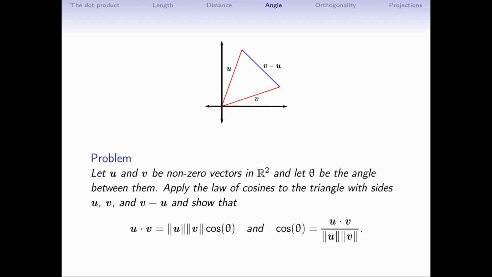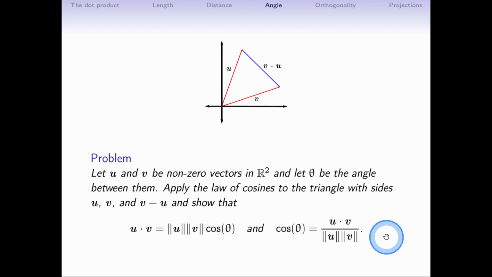Both of these formulas are important because this formula gives us another way of thinking about what the dot product is. It says I can always think about the dot product of u and v as the length of u times the length of v times the cosine of the included angle. And this formula allows me to think, how could I calculate this included angle?